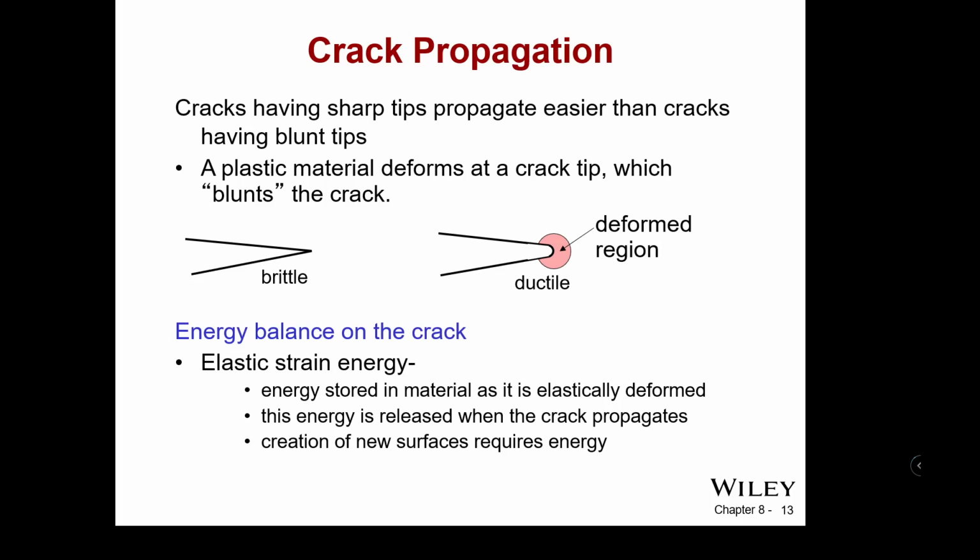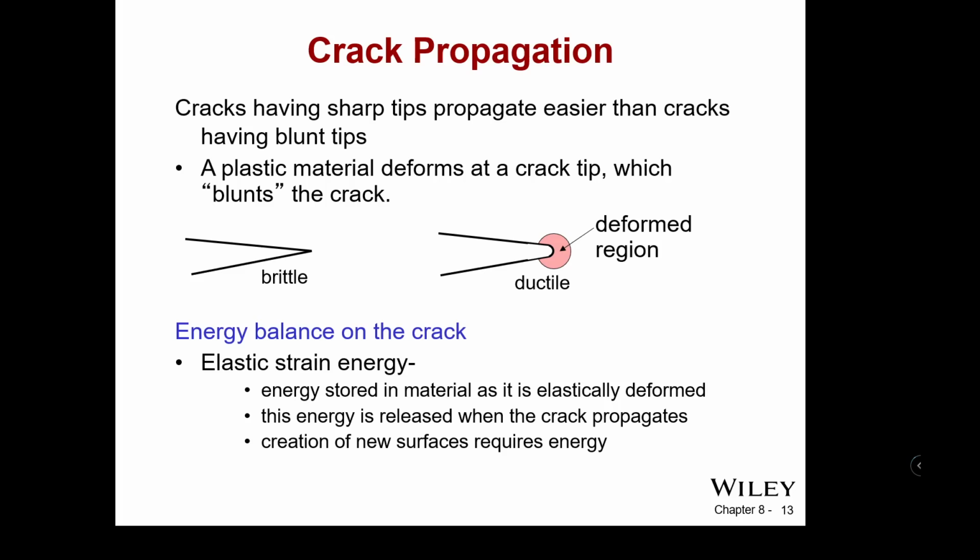So there is an energy balance that's happening, and there's a difference between the elastic strain energy and not. The energy that's stored in the material as it's elastically deformed is released when the crack propagates. That energy is stored and released, stored and released in a rapid cycle. It's faster in the case of the brittle relative to the ductile sample.